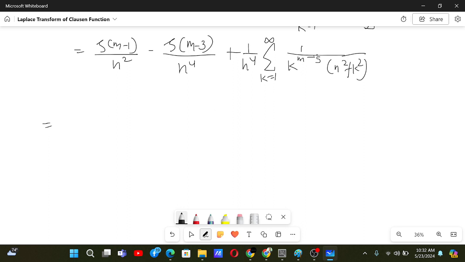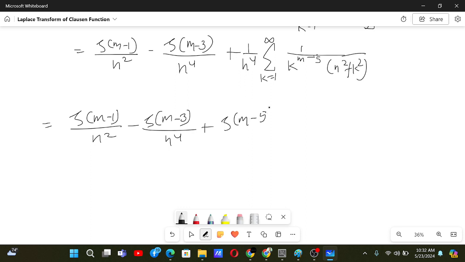Next, let me show you one more, by expanding one more term. Riemann zeta of m minus 1 by n square, minus Riemann zeta of m minus 3 by n to the power 4, plus Riemann zeta of m minus 5 by n to the power 6, and minus, notice that these terms have the same expression, so over here also I will have n to the power 6, and then sum from k equals 1 to infinity, 1 by k to the power m minus 7 times n square plus k square.